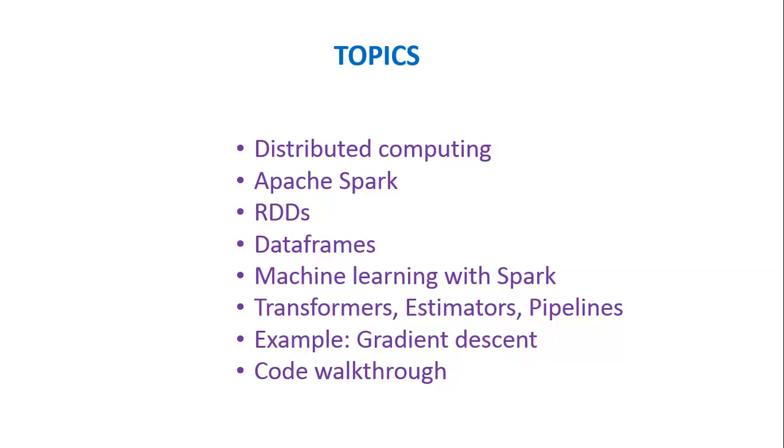RDD is a resilient distributed dataset, and an evolution of RDDs is data frames. After that, I will give you a quick introduction to machine learning with Spark, and we will look in some detail at the concept of transformers, estimators, and pipelines. And if there is time, I will discuss one example, which is gradient descent. Otherwise, we will just continue with the code walkthrough.